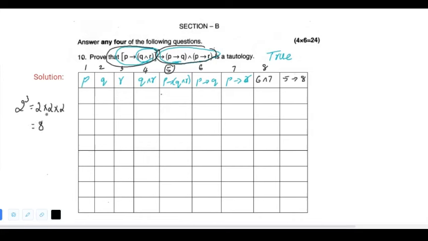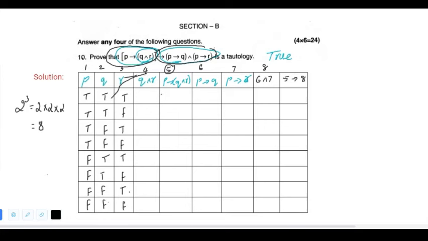So overall we'll get 8 rows for this, that is 8 statements, like we can write them as, first we will start with T, T, T, T. Then you should write 4 times F, 4 times T and 4 times F. Then you will take 2 times T and 2 times F, 2 times T and 2 times F. Then the last one you can write as T F, 1 time T and 1 time F. So this is how you write the truth table for 3 given propositions.